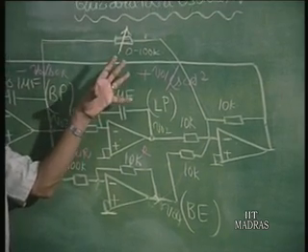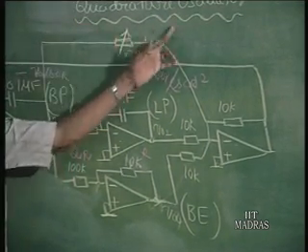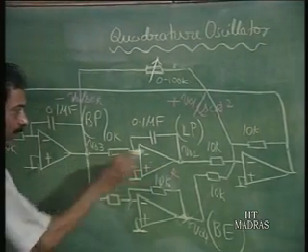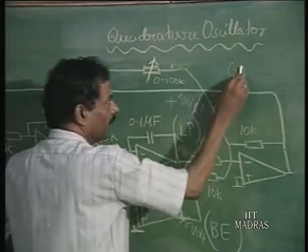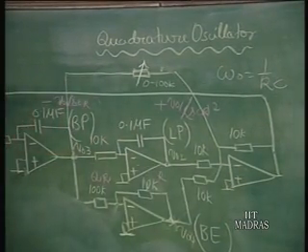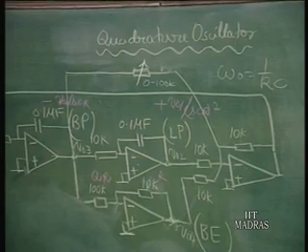At that point it will go into oscillation. This is called a quadrature oscillator. Why? It is using a double integrator, and if you take the output from here to here, the frequency of oscillation is going to be 1 over RC, which is 1000 radians per second as usual, if it oscillates.